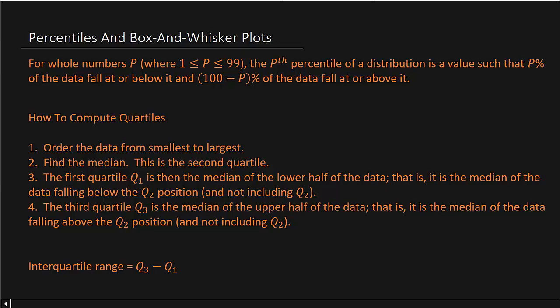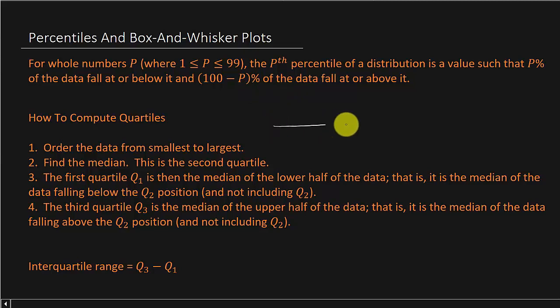Alright, so for whole numbers P, where P is between 1 and 99, the Pth percentile of a distribution is a value such that P% of the data fall at or below it. And 100 minus P% of the data fall at or above it.